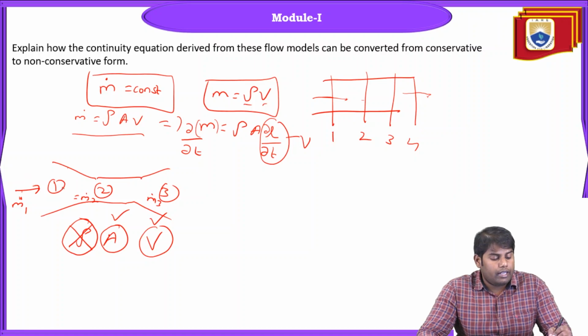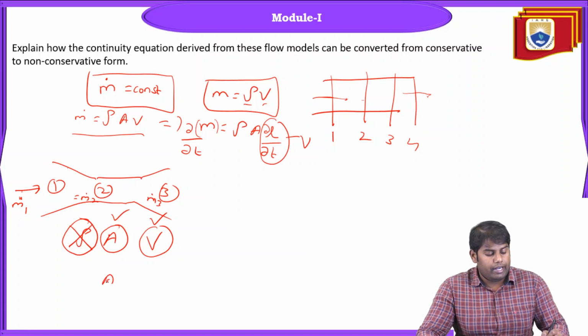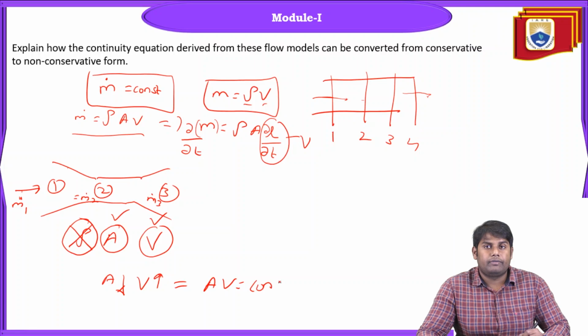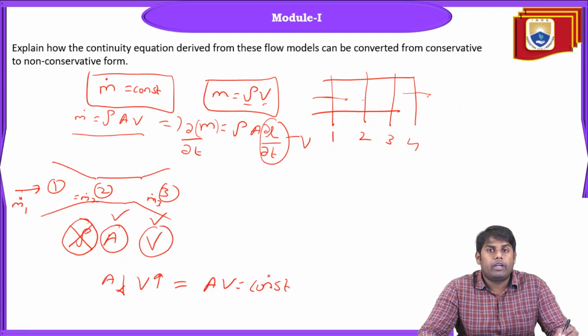When there is a decrease in area, there will be an increase in velocity. Why? Because if area decreases, the velocity has to increase such that A V is equal to constant. This is under the incompressible flow assumption.